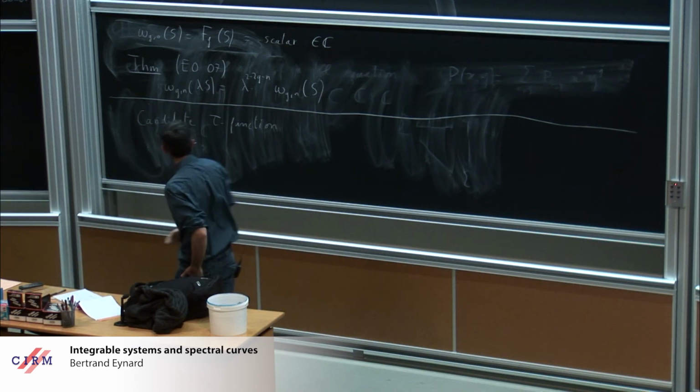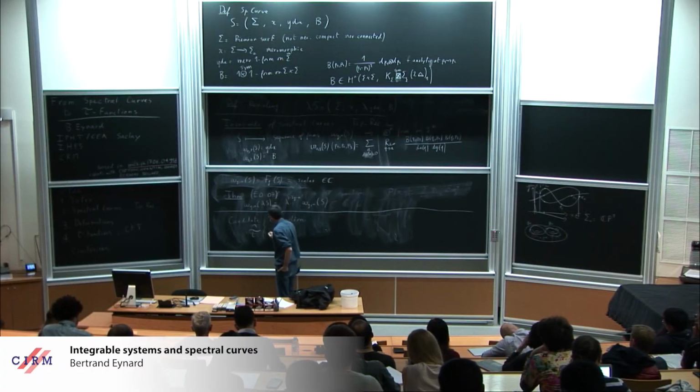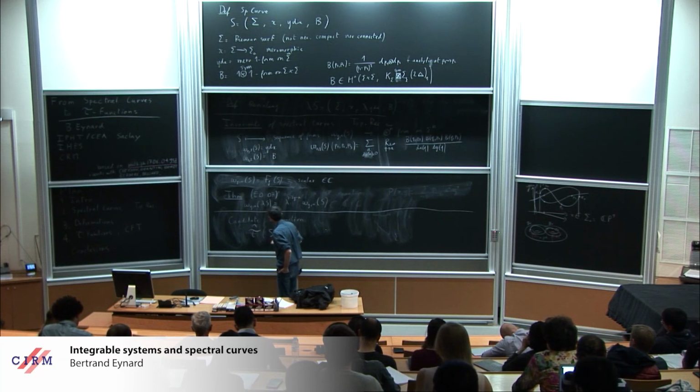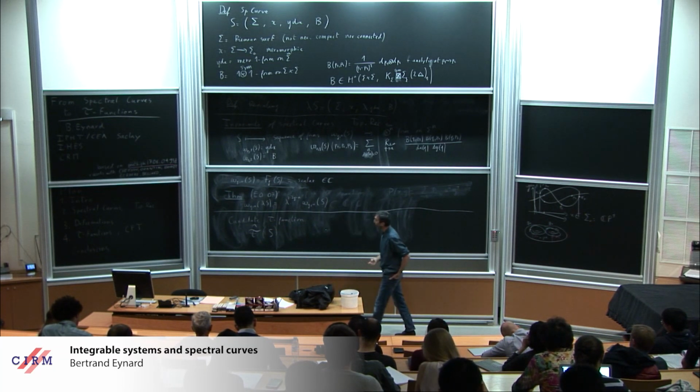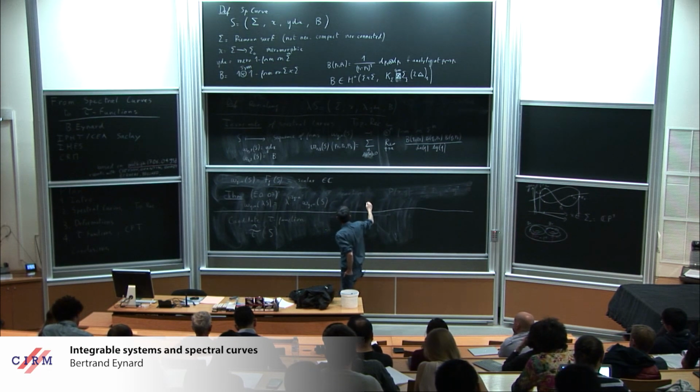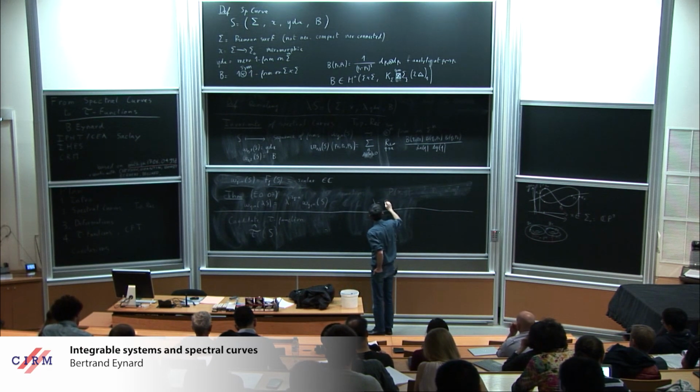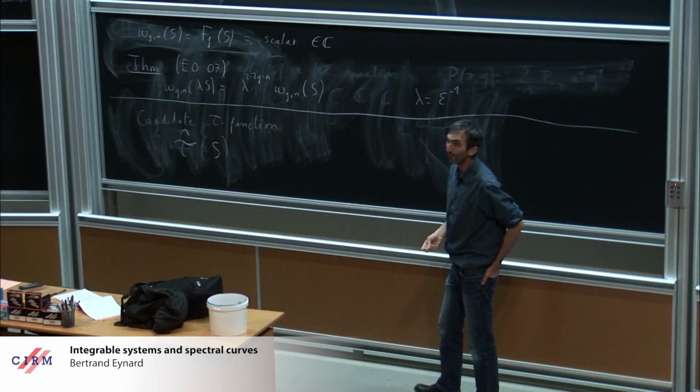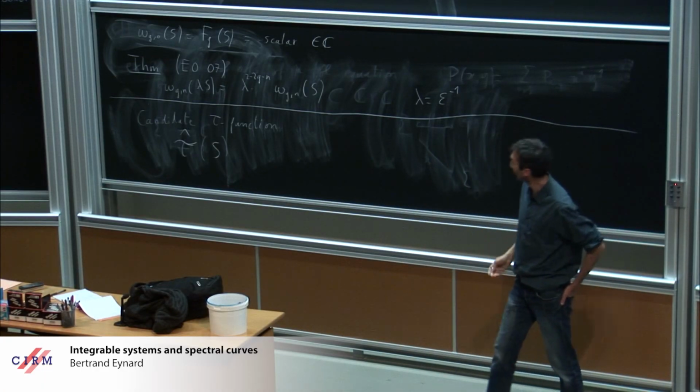It's very closely related to the tau function of S. And for the moment, I will define it only for large spectral curves, so for large lambda. I will choose a lambda which is large, and I will call it epsilon to the -1. Or sometimes you can call it h bar to the -1.